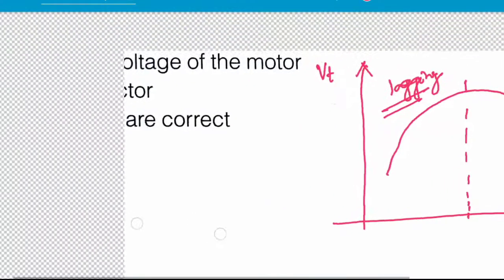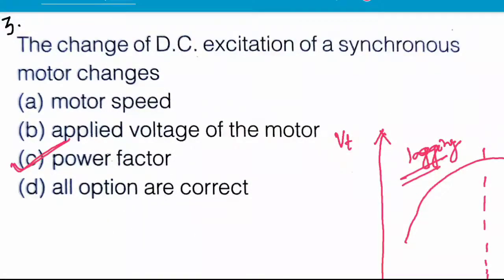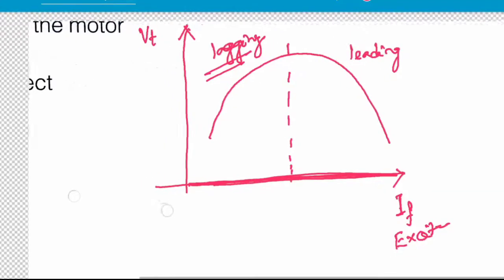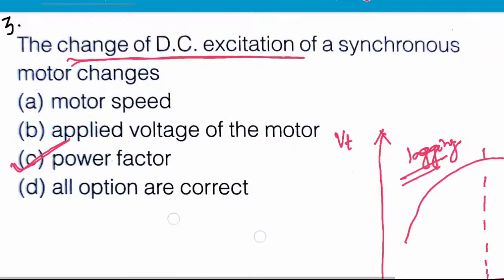So if we increase or decrease the DC excitation, then what will happen? If we change the DC excitation, then the reactive power absorbed or provided by the synchronous device changes.